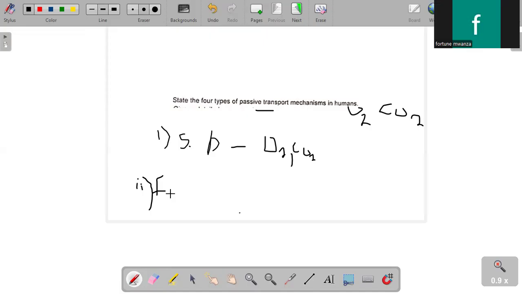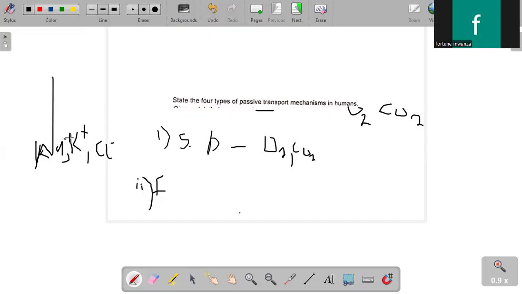How do they move? We are talking about polar molecules like your ions: your calcium, your chloride, your sodium. These are polar molecules. Even glucose is a polar molecule.